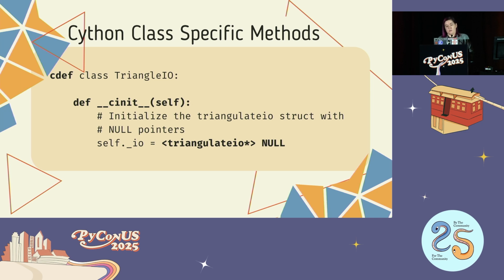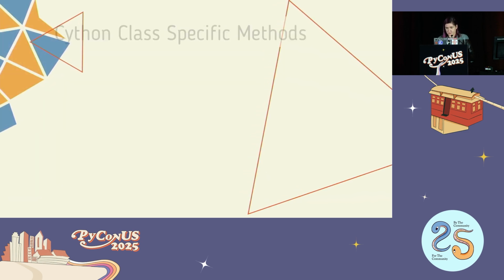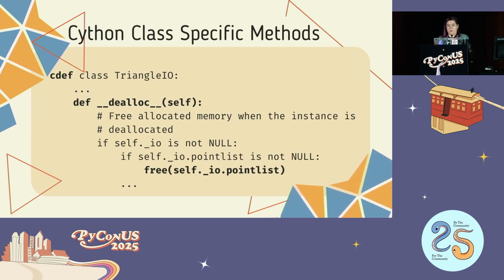In this case, the io attribute needed to be initialized with a null pointer, which I then set once I actually had an input file. The counterpart to __cinit__ is that anything that you allocate needs to be deallocated at the end. So in my case, you end up with a bunch of if statements basically saying, if this has been set, make sure that you free it at the end, and then in the end, it deallocates self.io itself.